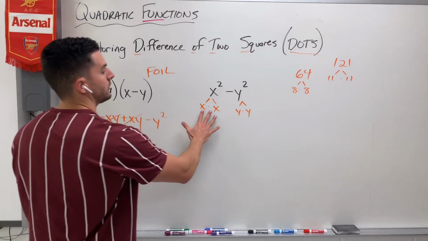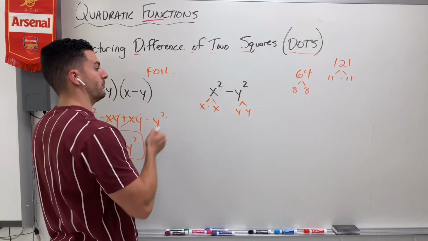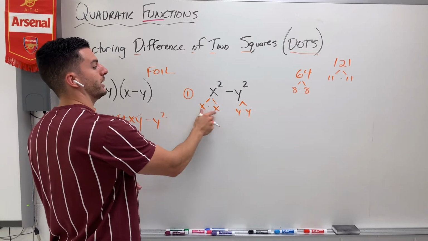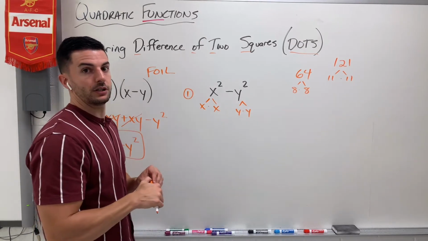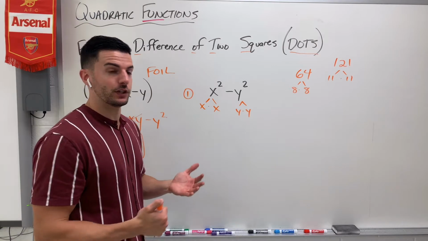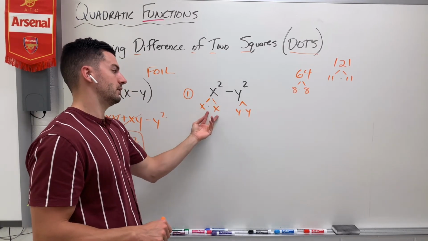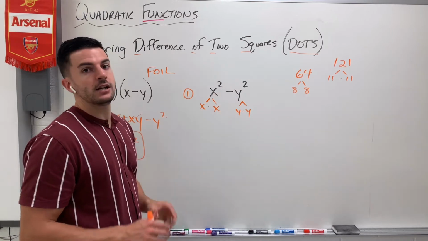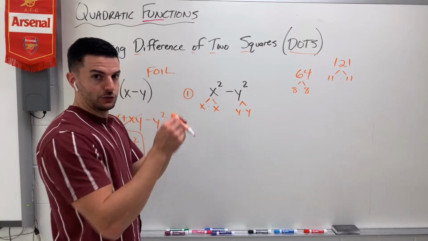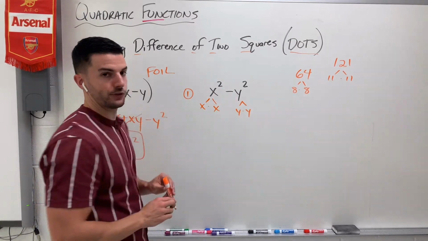And this is actually step one, is what I would tell my kids. Step one is to break up your polynomial like this. Take the square root of it, or ask yourself, x squared, what times itself equals x squared? Obviously it'd be x. And the same with y. So you break down your two terms into what times itself equals that.